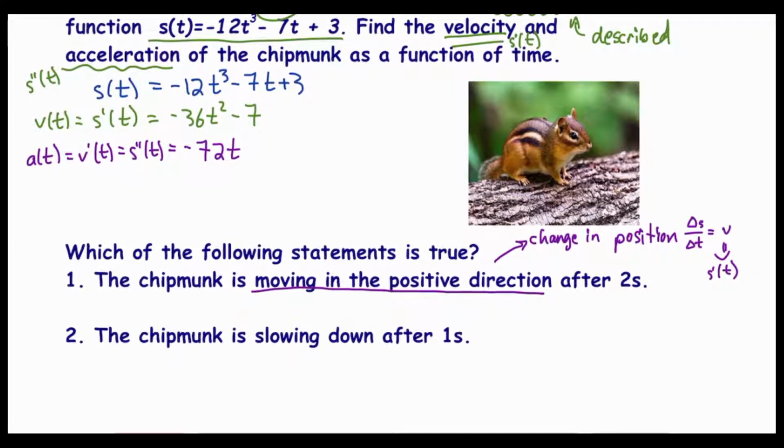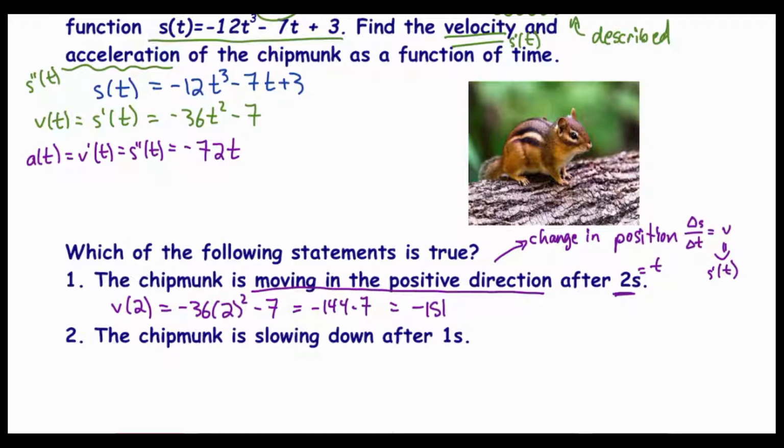So let's take a look at our first derivative function and evaluate it at t equals 2. So velocity evaluated at 2 is going to be negative 36 times 2 squared minus 7. 2 squared is 4. 4 times negative 36 is negative 144. Minus 7 is going to be equal to negative 151.